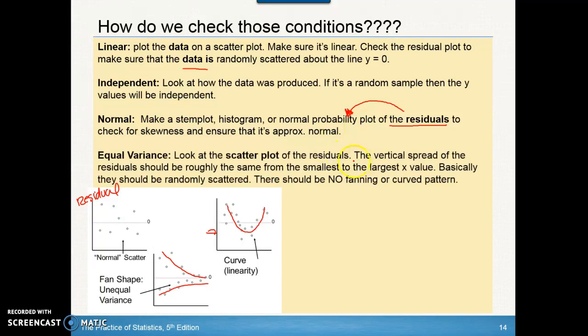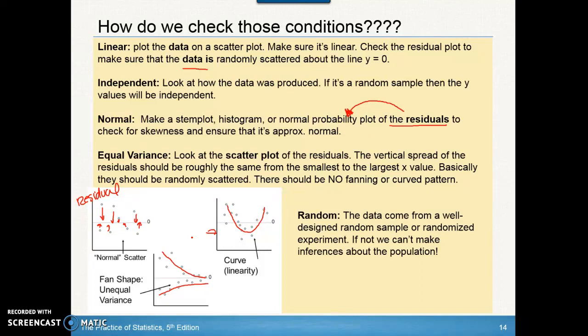Now, take a look. We already talked about this. Look at the scatter plot of your residuals here. The vertical spread of the residuals should be about the same to show that they have equal variance. So I have some above, below, these two are about the same, these two are about the same. There should be no fanning or curved pattern to show that the points are not the same distance above and below the line.